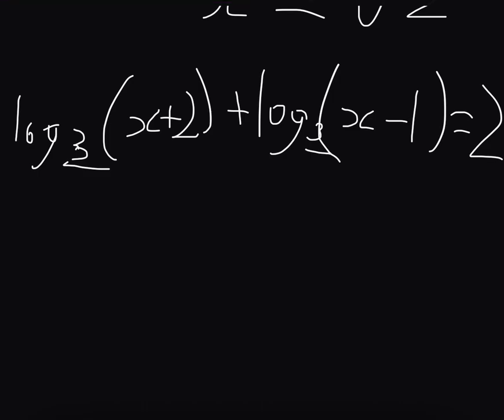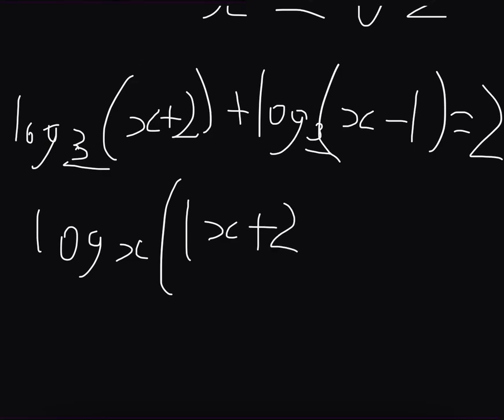So this is the product rule, and we would just do log base 3 of, bracket, another bracket, x plus 2, close bracket, x minus 1, and another close bracket.